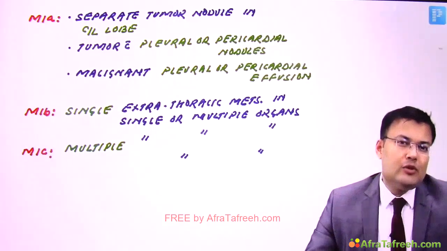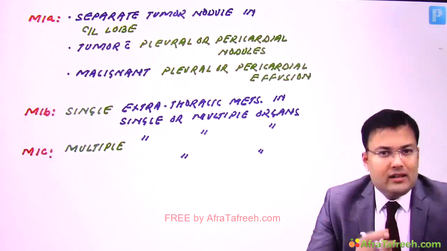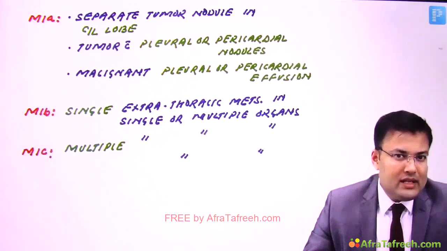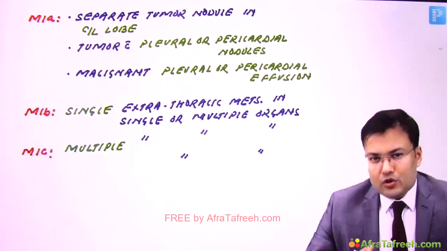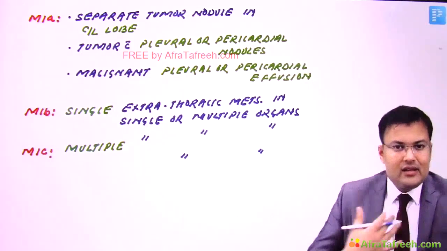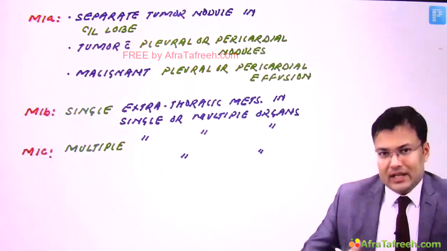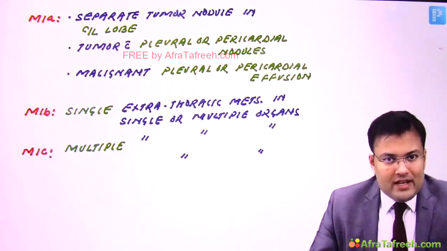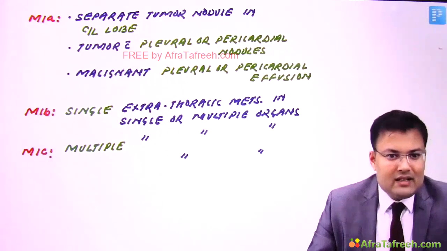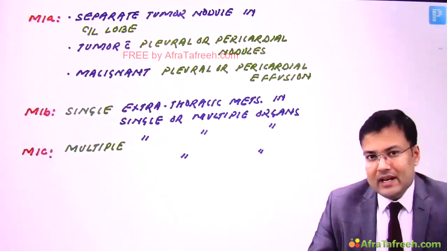Whenever there is tumor with pleural or pericardial nodule, or malignant pleural or pericardial effusion, all these are included in M1A. So M1A represents intrathoracic metastasis: involvement of the contralateral lung, pleural and pericardial nodules, malignant pleural and pericardial effusion.